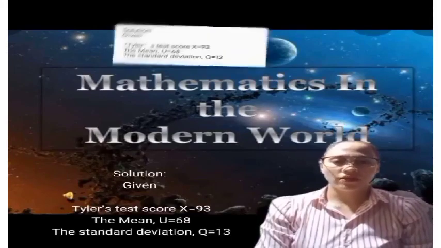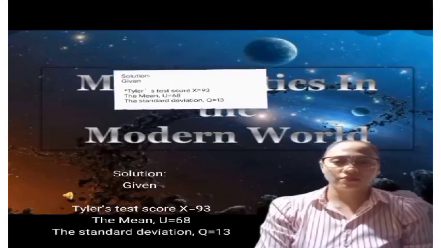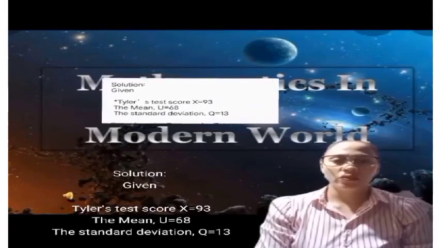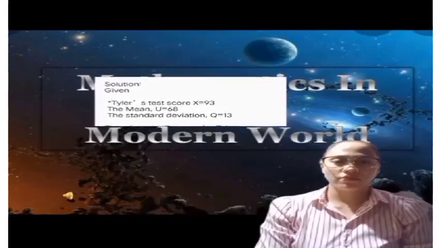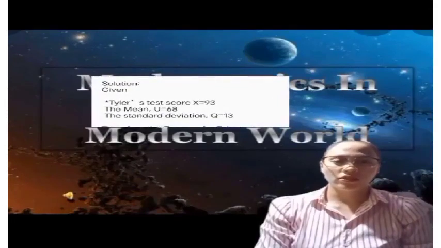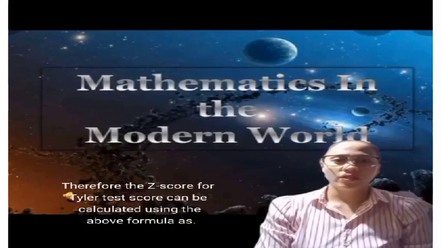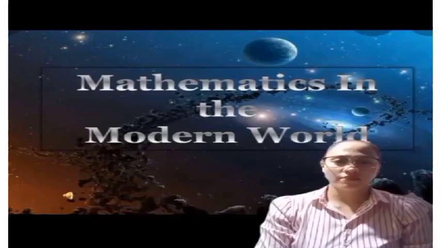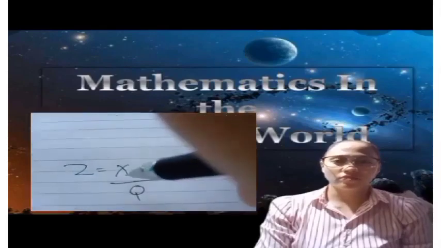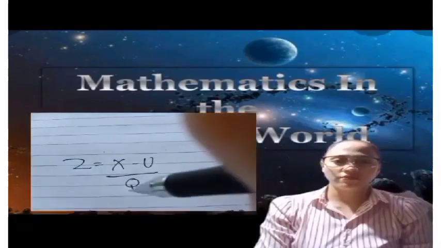Tyler's test score X equals 93. The mean mu equals 68. The standard deviation sigma equals 13. Therefore, the Z-score for Tyler's test score can be calculated using the above formula as Z equals X minus mu over standard deviation.